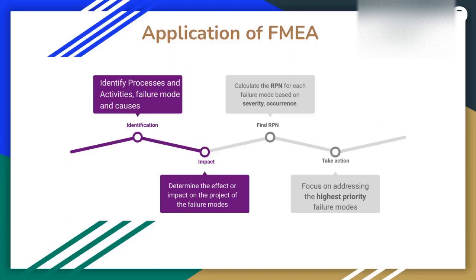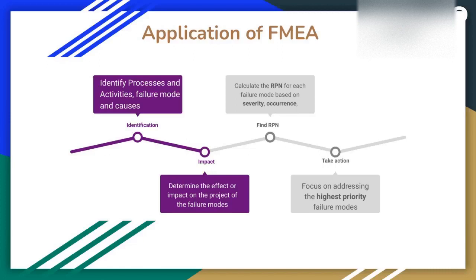The main point here is to understand that the higher the RPN, the more critical the failure mode will be. Okay, so it's a simple numerical value which will hint to you, as a project team, which failure modes you should be focusing on. So the higher the value of the RPN, the more critical the failure mode. Okay, simple and straightforward.